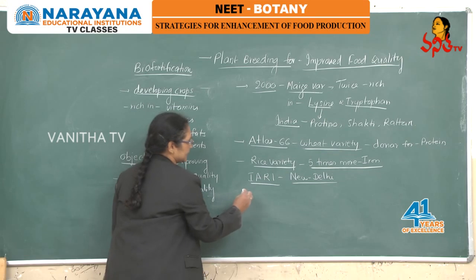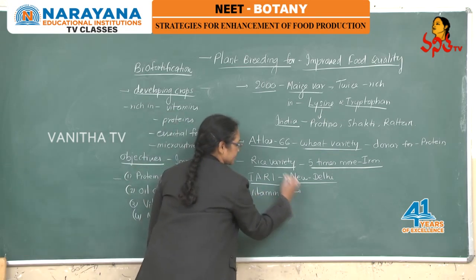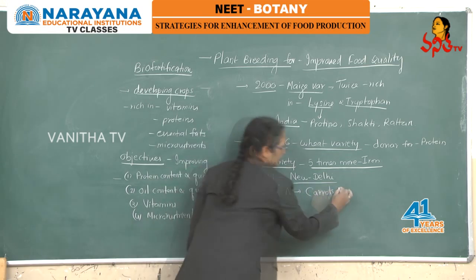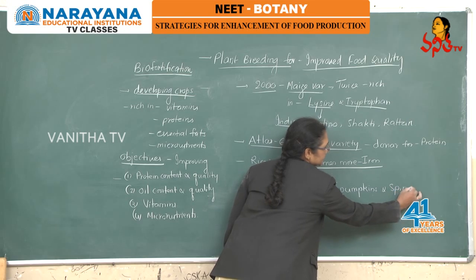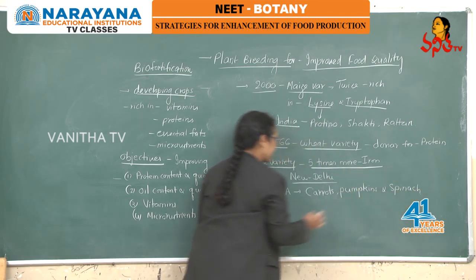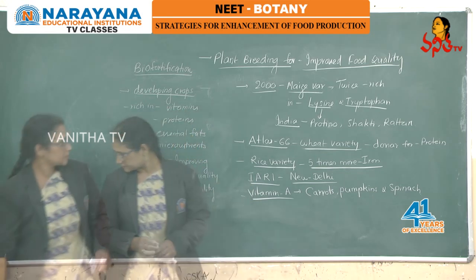For example, vitamin A rich carrots, pumpkins and spinach, a leafy vegetable, are developed, right children?